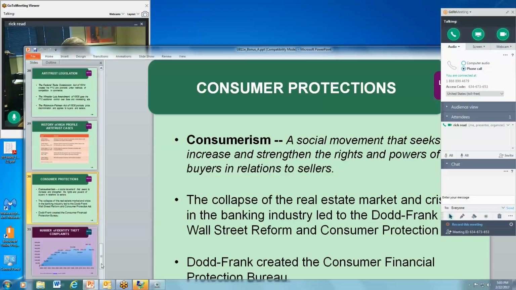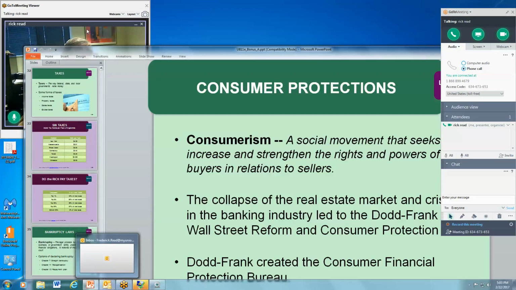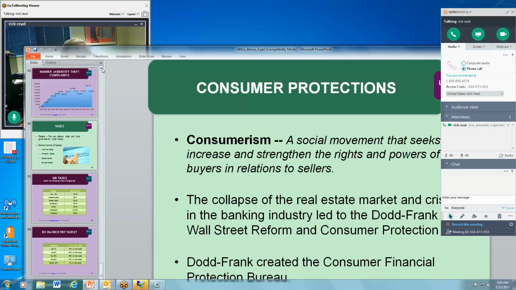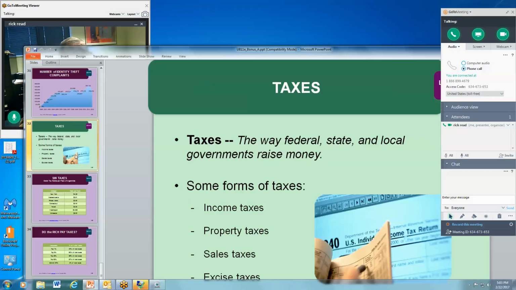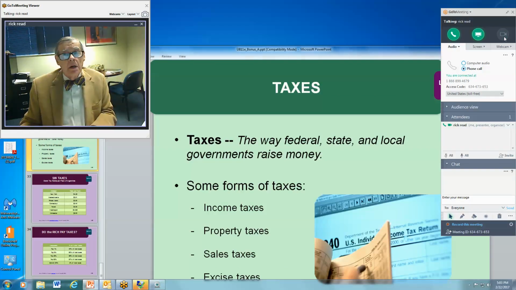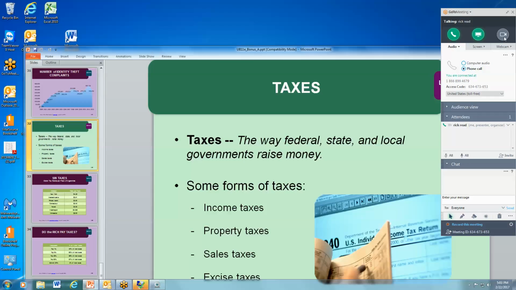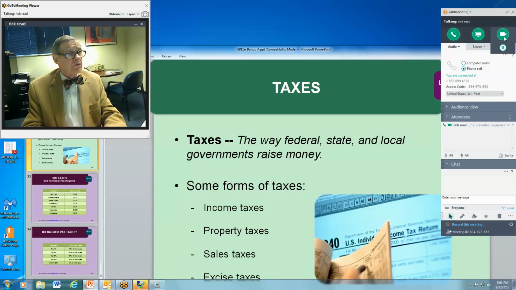Now we're going to skip this slide. We're going to talk about taxes. Tax itself is a four-letter word to most Americans. Yes, I know tax is 3 letters and taxes is 5, but it's a four-letter word.